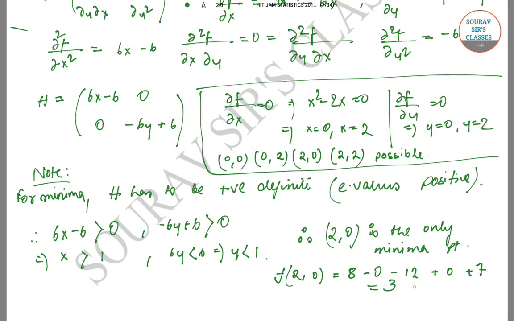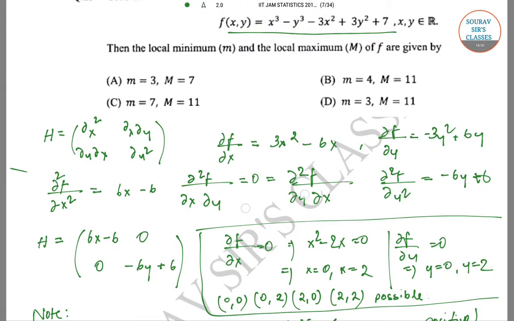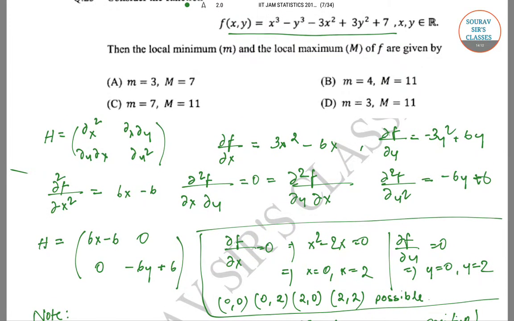So we get the minima is equal to 3. If we go back and look at our options, you have m equal to 3, capital M equal to 7, m equal to 3, capital M equal to 11. So we can easily cross out B and C.